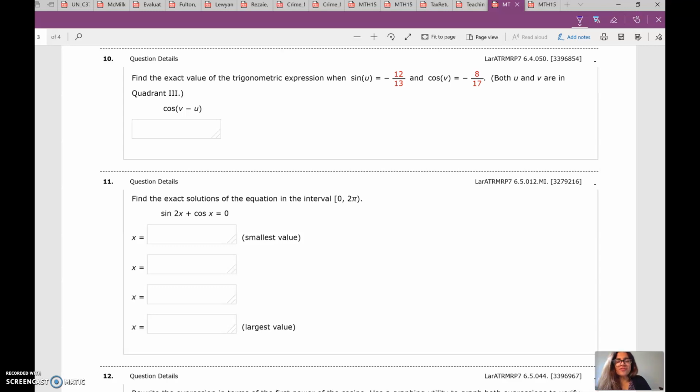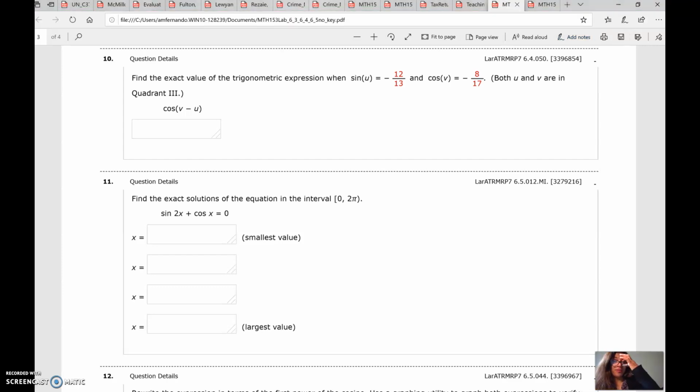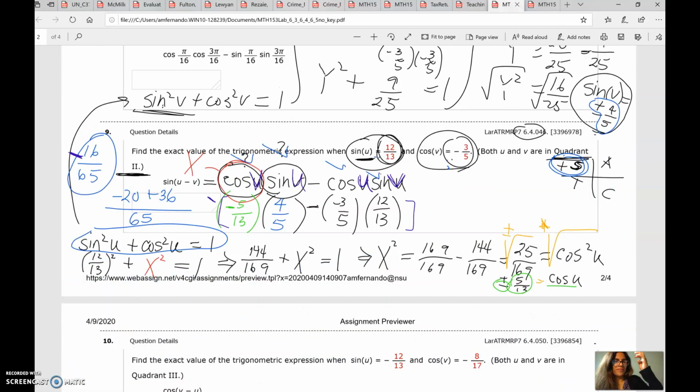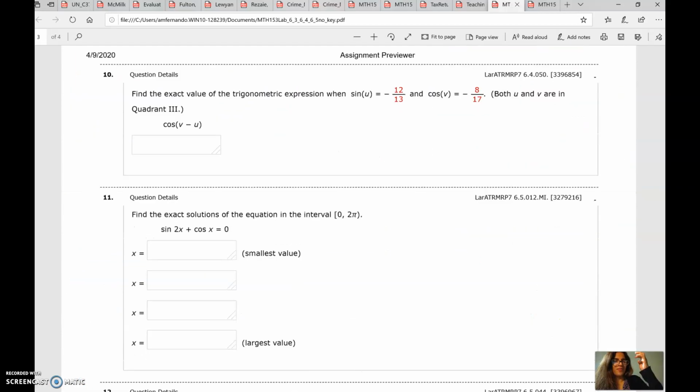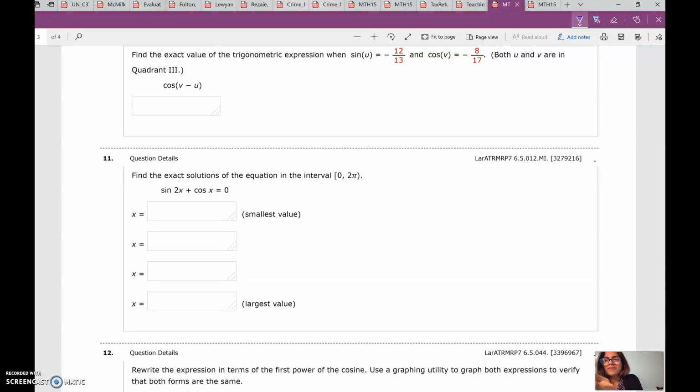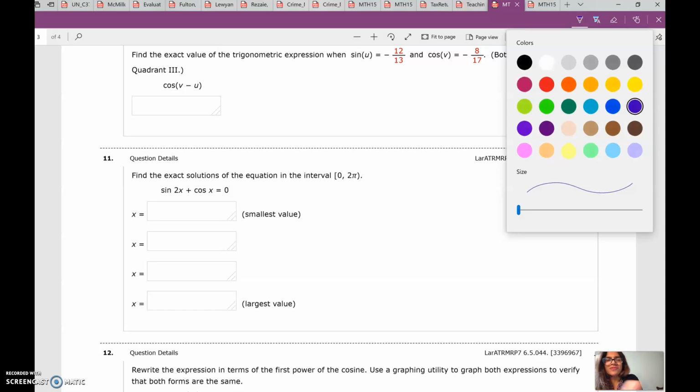Okay, so now let's do something similar, but this time it's going to be similar to the previous problem. We just worked on number 9, and now we're going to look at number 10. It is important to start with the correct formula for the sum of angles.